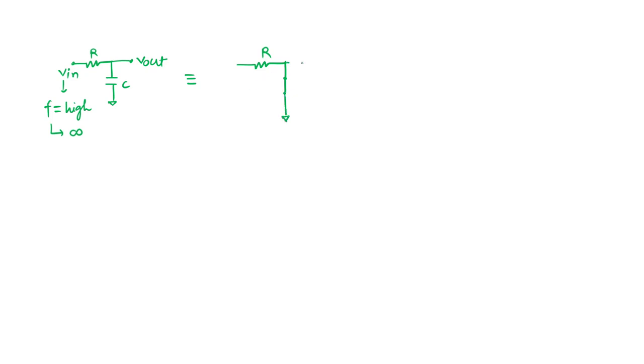short, because from the impedance of the capacitance also we can see the magnitude is 1 upon omega C, and when omega tends to very high or infinity, it is nearly 0. This is one way. And the other thing is that it will not change its value.